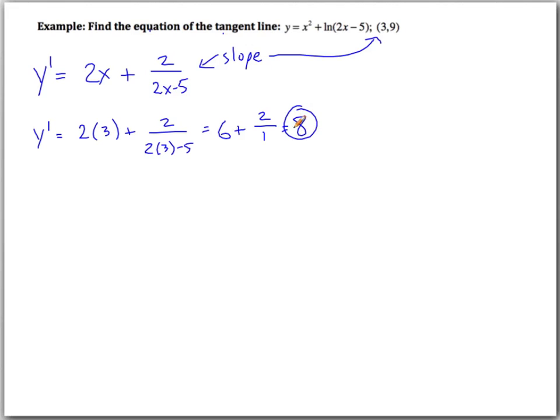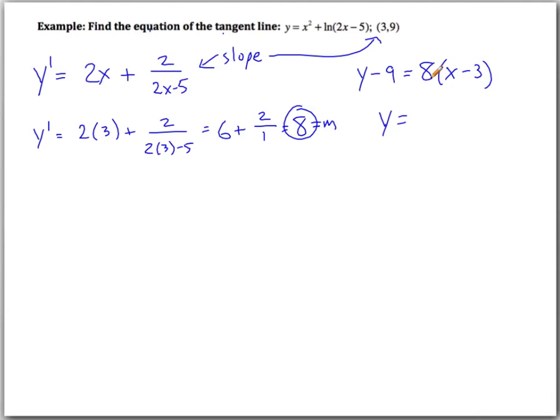So our slope is 8. Sometimes we refer to this as m. And now we'll use our point slope form to determine our equation. So y minus y1, which is 9, equals m, which is 8 times x minus x sub 1, so x minus 3.